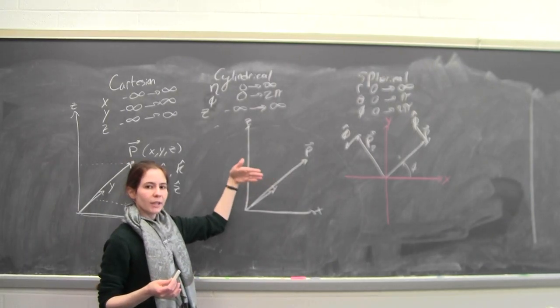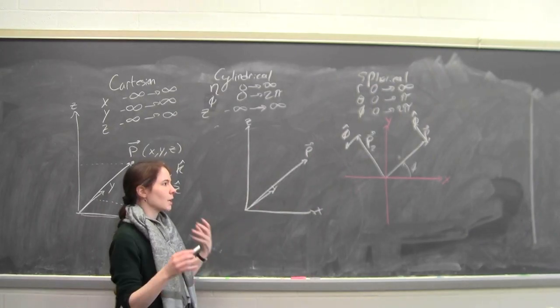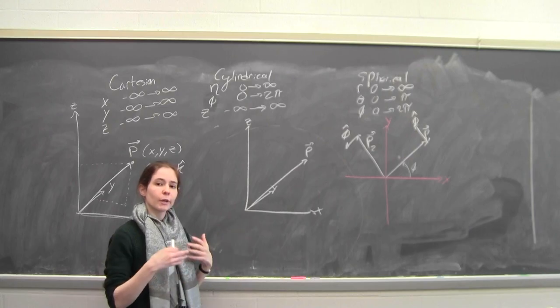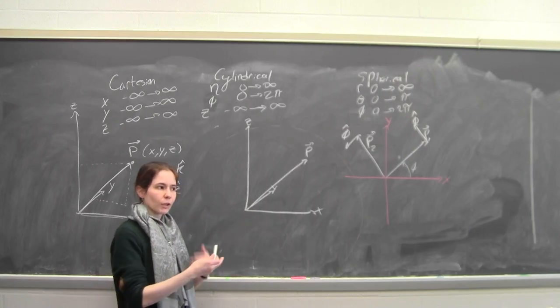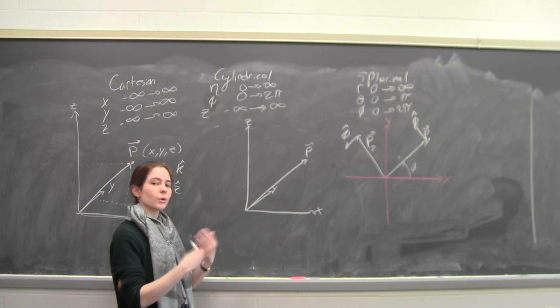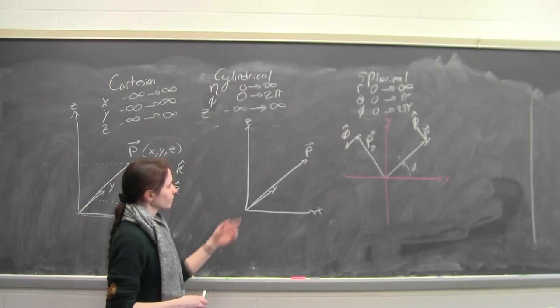But I want to describe it in Cartesian components because maybe I need to integrate over this sphere. And remember, integrals are just sums, and so if you're integrating, you definitely want to be in Cartesian components so that you can add up all your vectors appropriately.